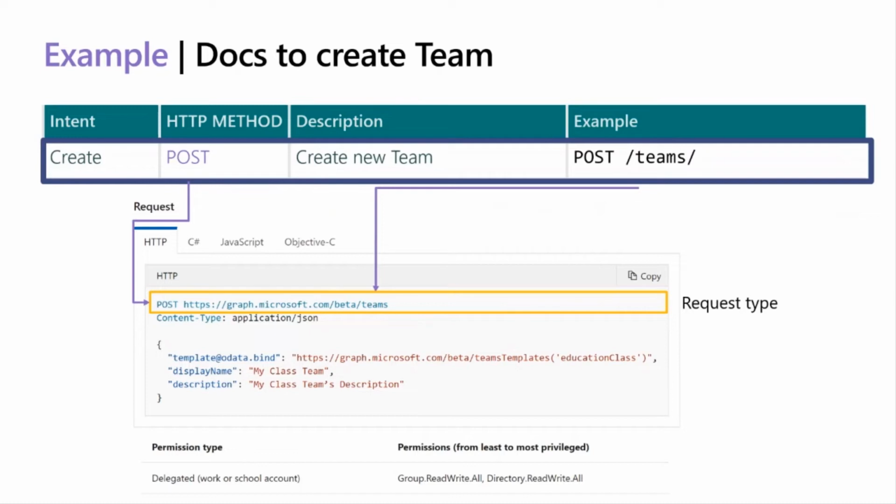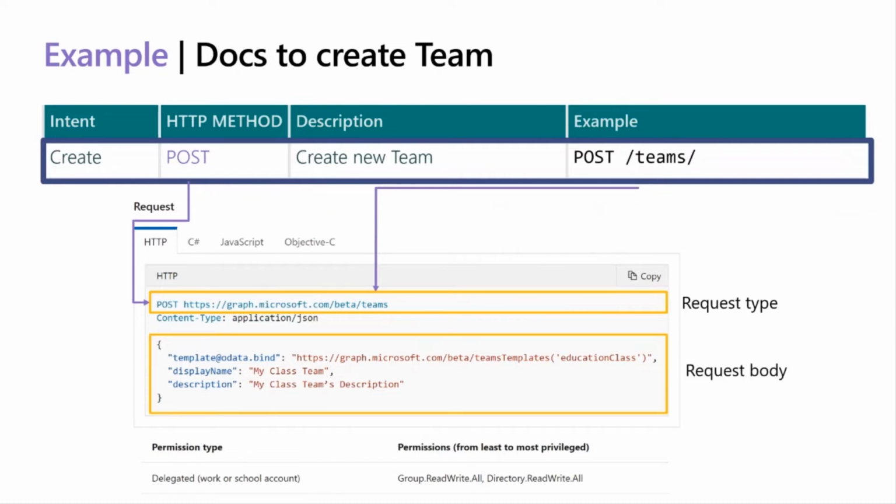Next, we send it the request body. So I simply provide that JSON, which always requires an open bracket and a closed bracket. And here we can see, firstly, we call the Teams template education class, give it a display name, and we then give it a description.